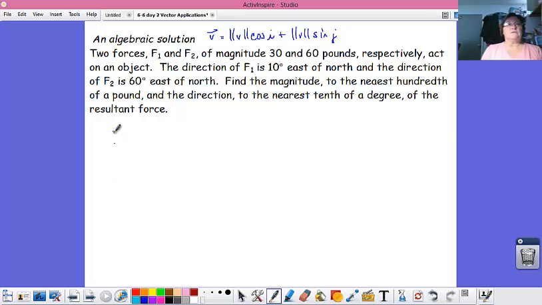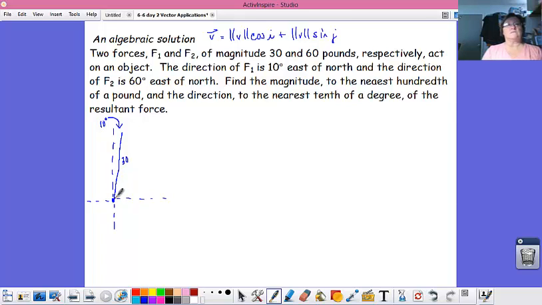So let's get a picture going here. A picture's worth 1,000 words. And here's our crosshairs, or our horizontal and vertical axes. Force 1, here's our object, 10 degrees east of north. So this angle is 10 degrees. The magnitude of that force is 30. And we have force 2, it says, at an angle of 60 degrees east of north.